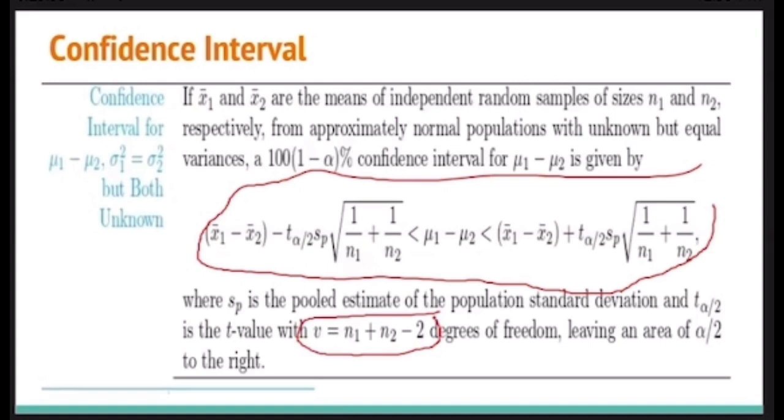How? I told you the other time, for one group the degree of freedom is N minus 1. For another group, N minus 1. Add them up, and that's going to be N1 plus N2 minus 2. Does that make sense? That's the degree of freedom for that.